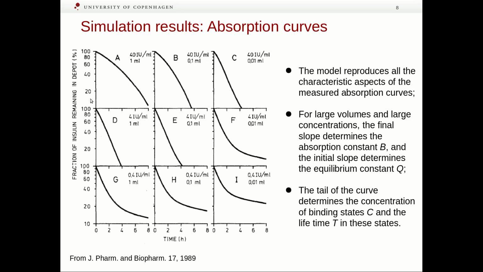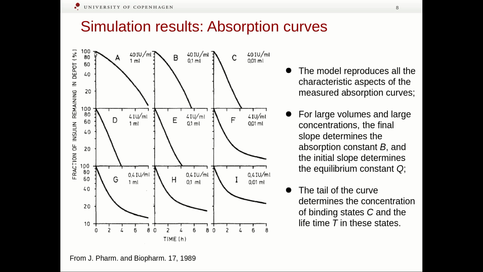The next slide shows the simulation results, the different absorption curves that we obtain depending on whether we have 40 international units per milliliter, or 4, or 0.4 international units per milliliter, and depending on how much water we have. And we have understood that the general picture is now that the amount of insulin in the beginning is so high up here that a measurable fraction will be in hexameric form.